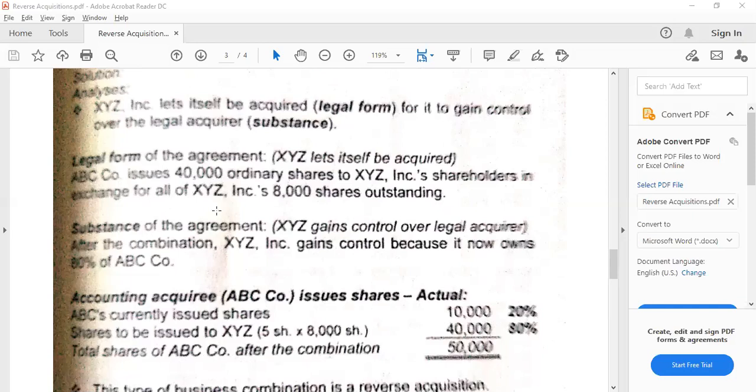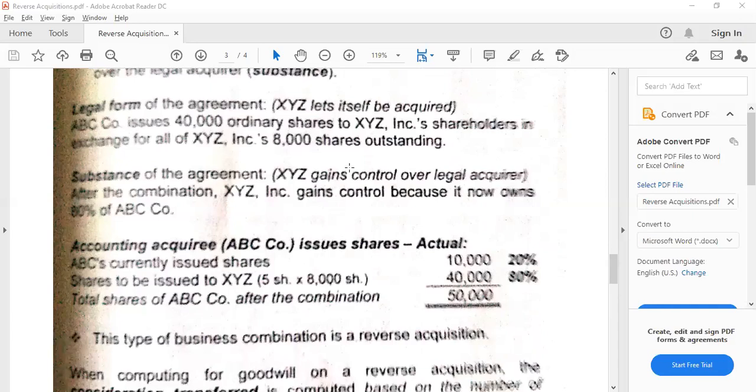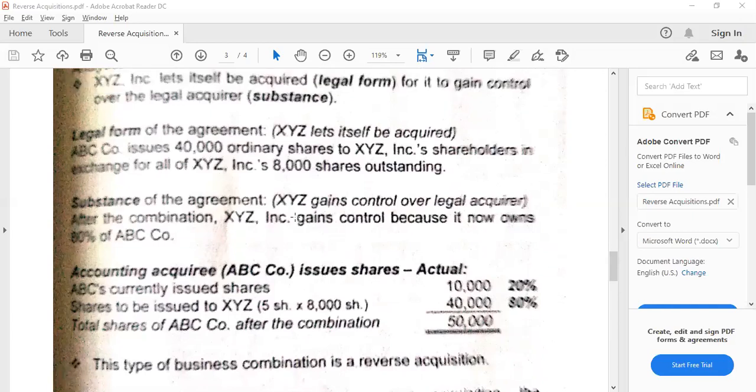So the public issues shares, but it was XYZ who wants to acquire. So again, a reverse acquisition. Substance, XYZ gains control over the legal acquirer or the accounting acquiree, that is the public entity. So by doing the reverse acquisition, the private entity gains control under IFRS 3 Business Combinations over the public entity.